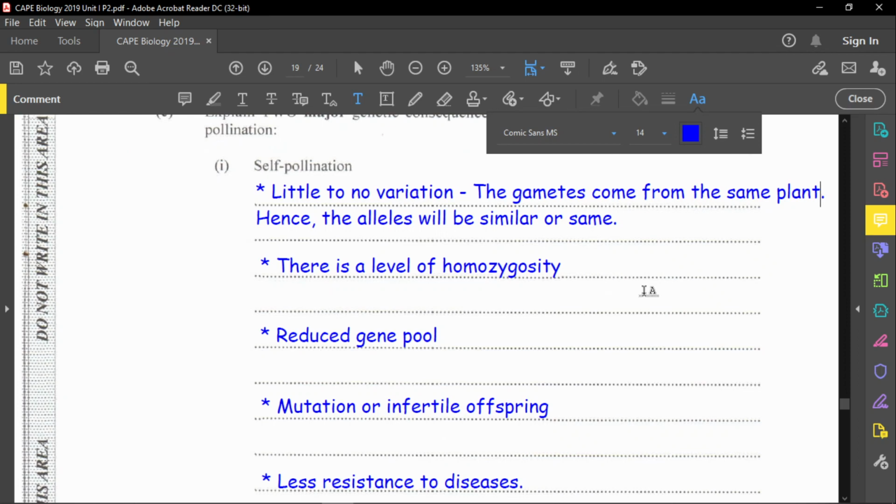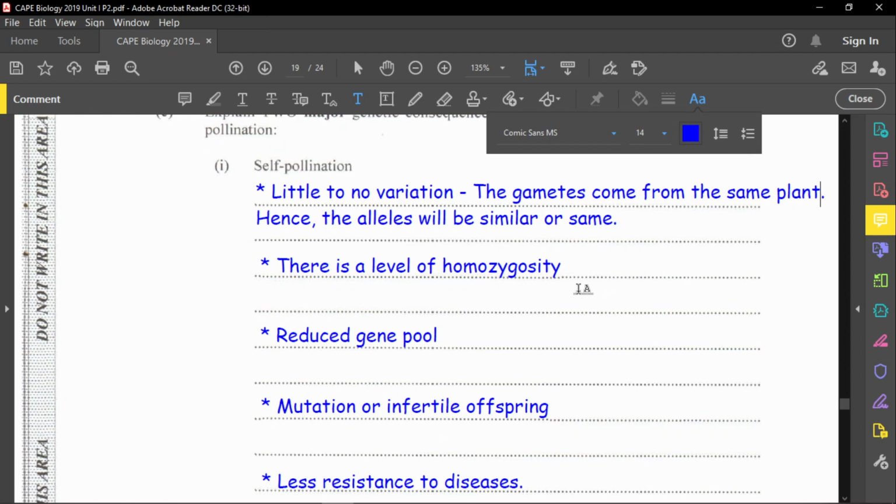Different plants will produce different alleles, because of course the meiosis process will be different in different plants. Therefore there will be a lower level of homozygosity, and you see a greater possibility of heterozygous offspring popping up.